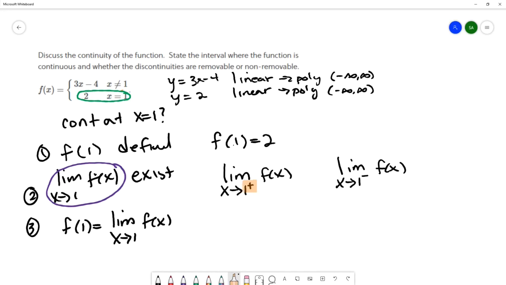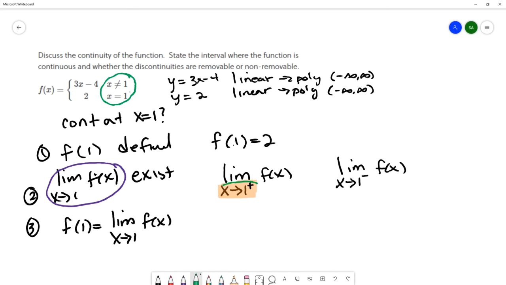So this is going to tell me which equation to use to find this limit. x approaches 1 from above. So I look at my rules over here, my conditions. Here are the conditions. I use the first equation whenever x is not equal to 1. I use the second equation whenever x is equal to 1.